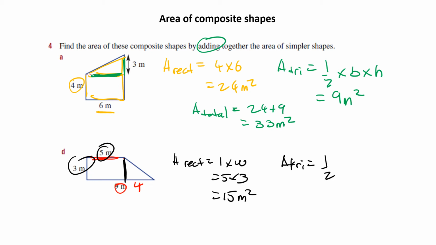So base 4 times 3, because that's the height. And so half times 12 is going to be 6 meters squared. So area total is equal to 21 meters squared.